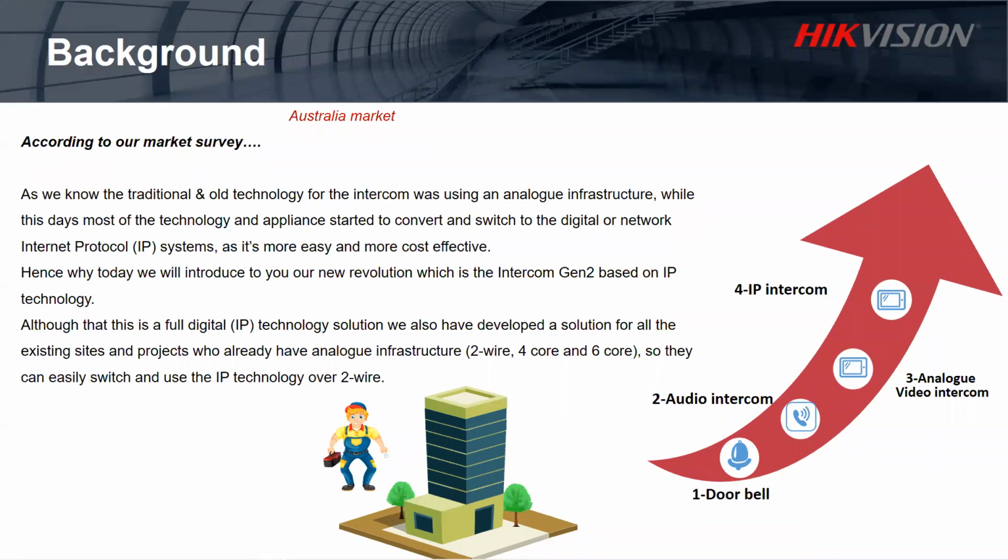Hence why today we will introduce to you our new revolution, which is the Intercom Gen 2 based on IP technology. Although this is a full digital IP technology solution, we have also developed a solution for all the existing sites and projects that already have analog infrastructure, the 2-wire, 4 cores or 6 cores, so they can easily switch and start to use the IP technology over the 2-wire.